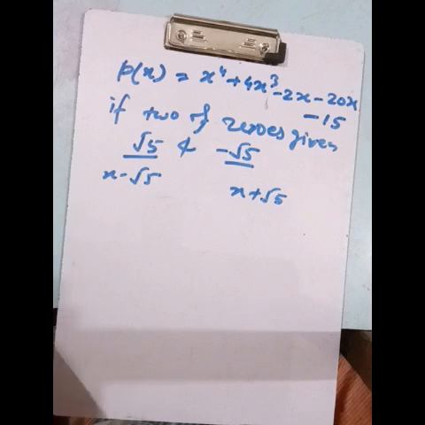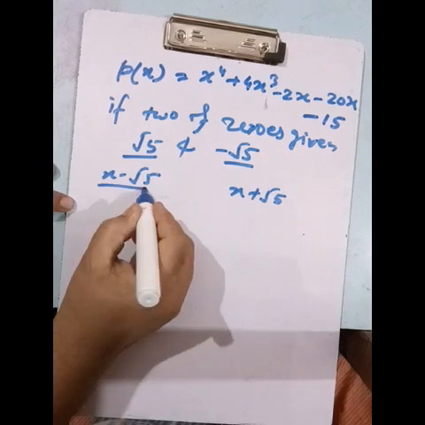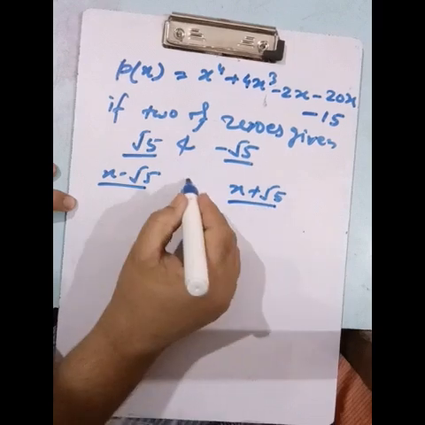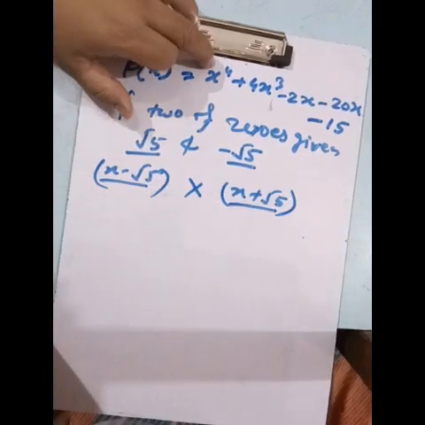Then we divide the given polynomial by one or two of the factors, so that the quotient can be factorized to get the rest of the zeros. The product of these two factors will also be a factor of this polynomial.